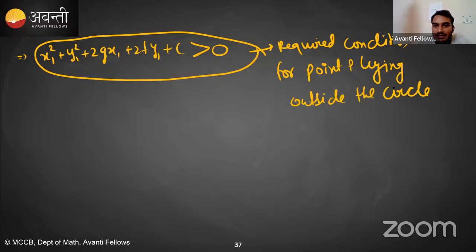Is this clear, everyone? If you look very closely, you will find that this is written like this: if you put the point x1 comma y1 in the circle, you get exactly the same expression.